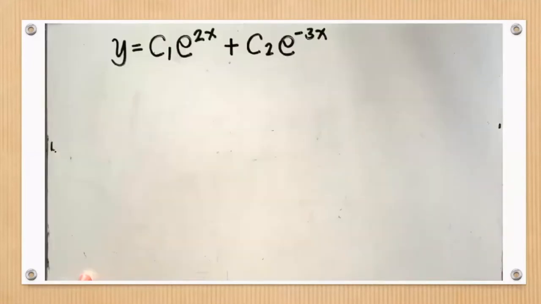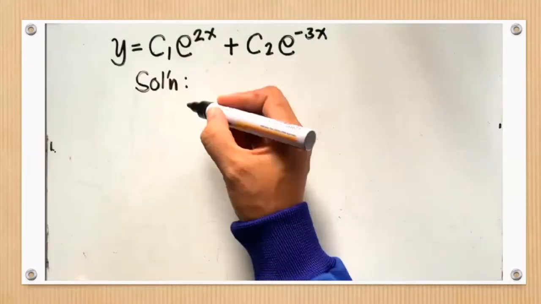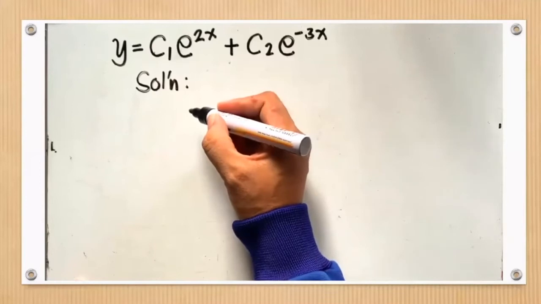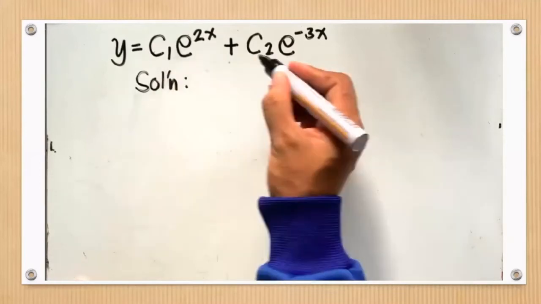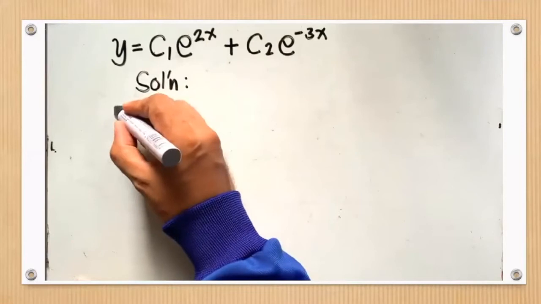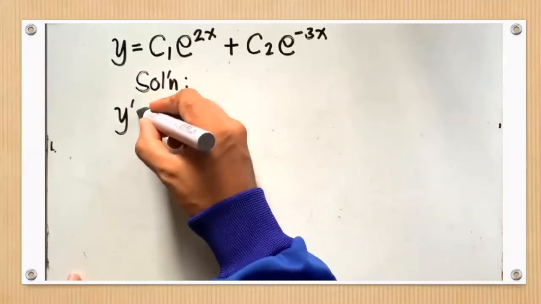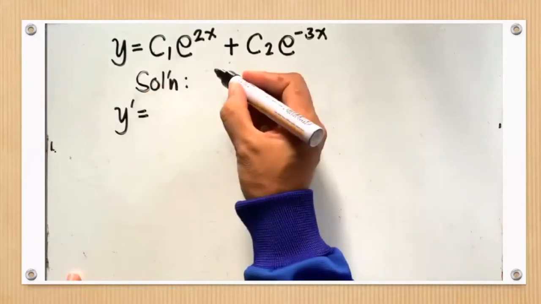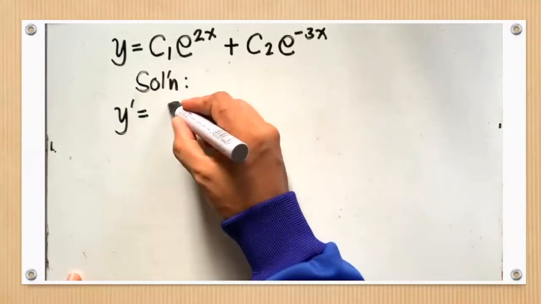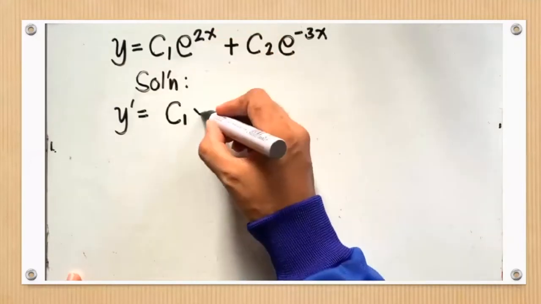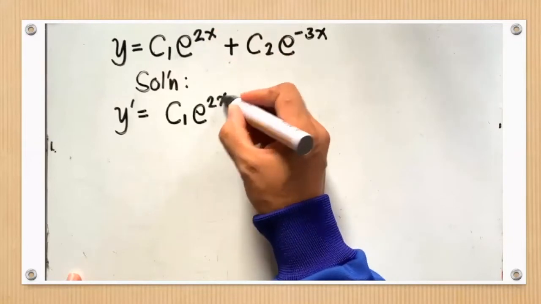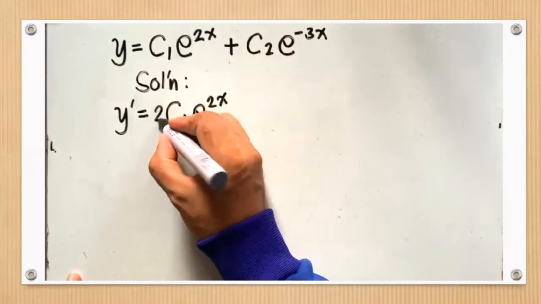Now let's go to the next example. Now we have two arbitrary constants here. So this means that for you to arrive at its DE, we need to differentiate it twice. For the first derivative of the given equation, the derivative of y is y prime, and it equals the first term, c sub 1, which is an arbitrary constant, so you copy that, and then differentiate e raised to 2x: you copy e raised to 2x, and then differentiate 2x, which is times 2.